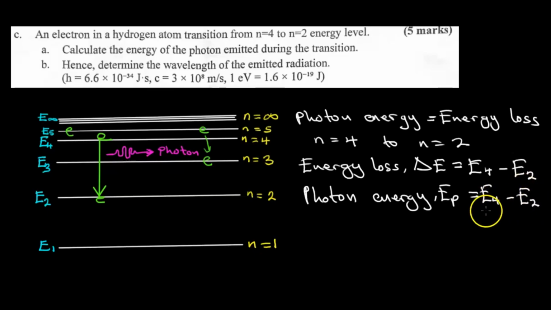So if I'm able to determine the difference in this energy, I have acquired the photon energy. But in this particular question, the energies are not given. So we are going to calculate E4 and E2, then we strike the difference. Let's begin with E4.